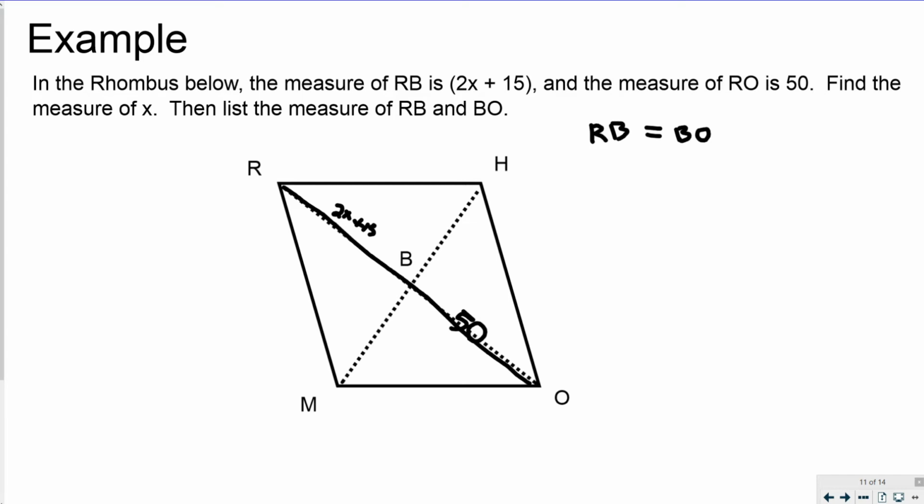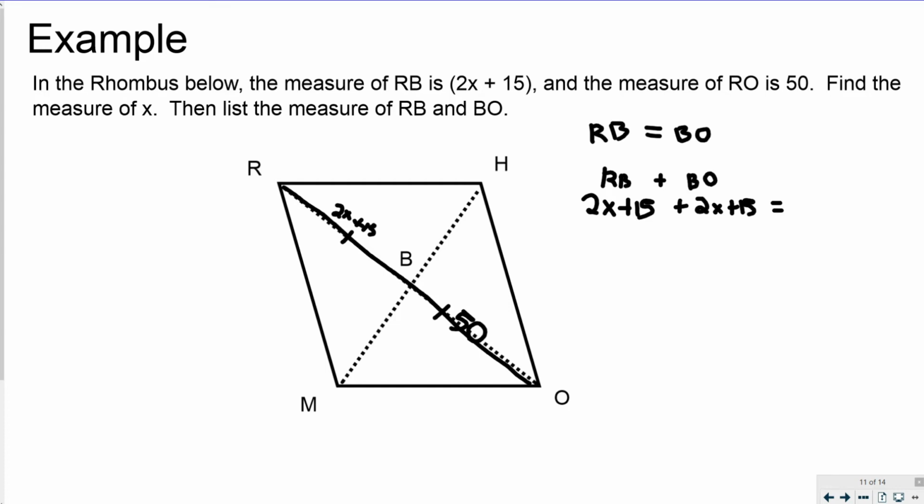I know that each one of these halves of the diagonal is congruent. So 2x plus 15 is 1/2. So this is from RB plus BO. So I need to add 2x plus 15 because BO is congruent and therefore its expression is equivalent.